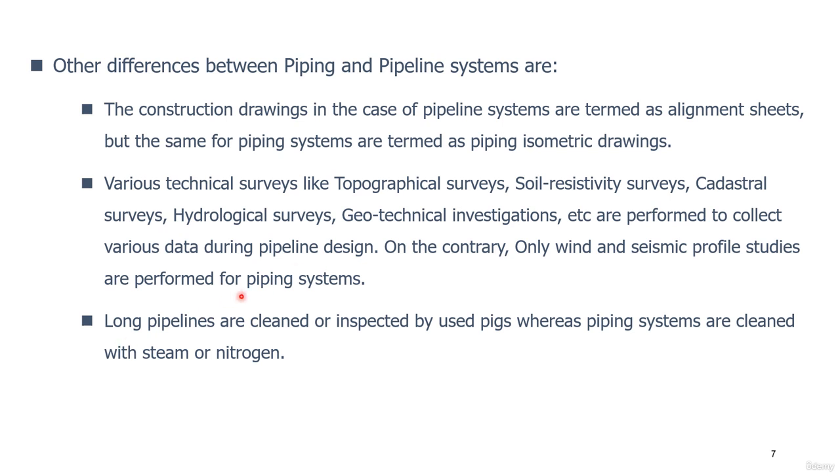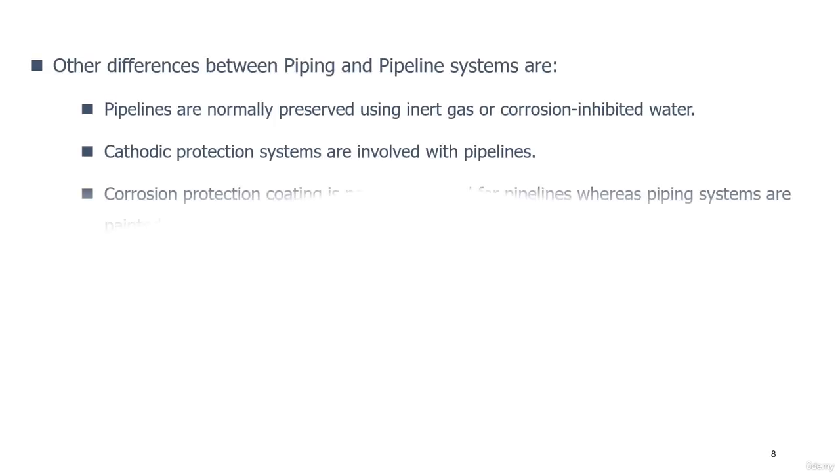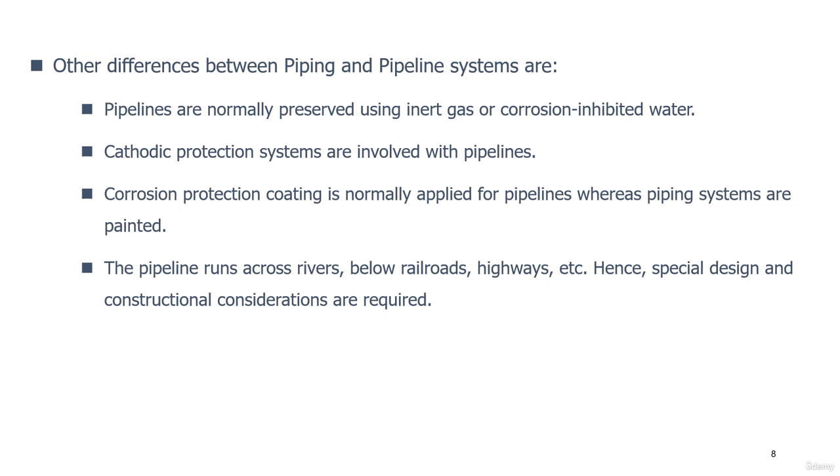Now long pipelines are cleaned and inspected by using pigs, whereas piping systems are cleaned with steam or nitrogen. Some other differences: pipelines are normally preserved using inert gas or corrosion inhibited water.